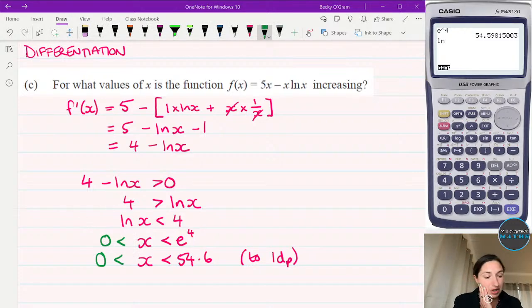If you tried to put in something like, here we go, -4, you'll see you get a math error. So therefore the limit on what we could put into this equation is 0. And the mark scheme did want that specified. This is an old paper, so I have a feeling that sort of stuff hasn't really come up in recent things, but it is something to look out for.